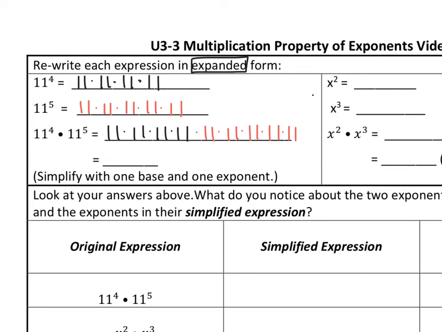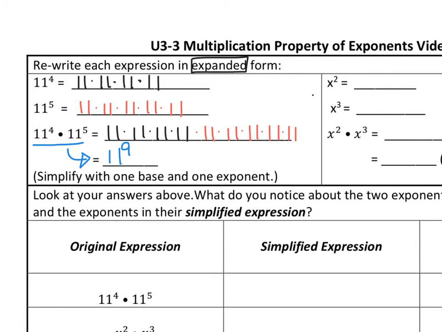So if we want to write this as one base and one exponent, it's 11 to the 1, 2, 3, 4, 5, 6, 7, 8, 9th power, because we have 9 11s. So it's 11 to the 9th. So 11 to the fourth times 11 to the fifth is the same as 11 to the 9th power.